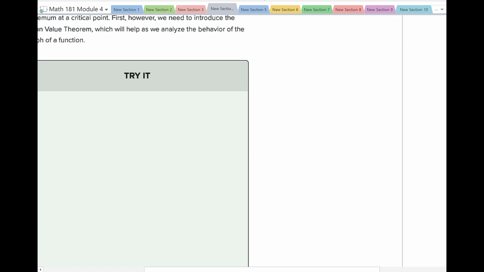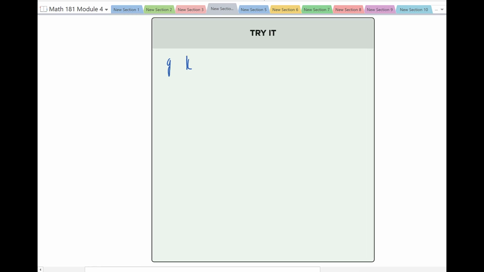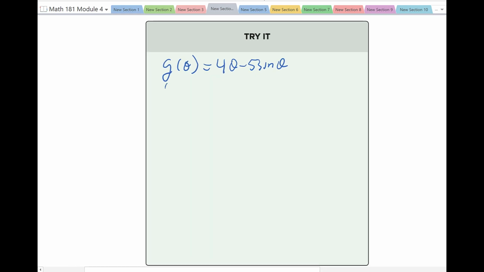Last problem, didn't print out. So this one has g of theta equals 4 theta minus 5 sine theta. And this would be in radians then. So our g prime of theta is 4 minus 5 times cosine of theta.